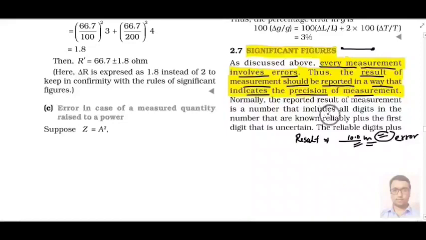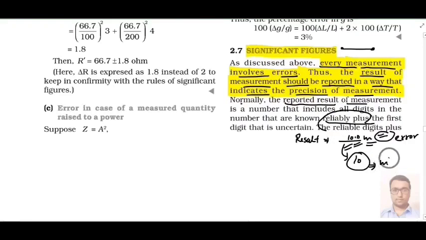Here it is mentioned how normally we write our answer, like 10.0. You need to understand that here we have a number, that is our 10, and it tells us the reliable number.